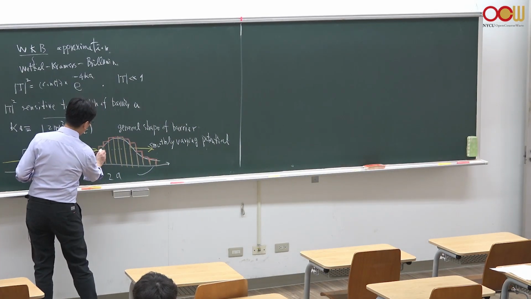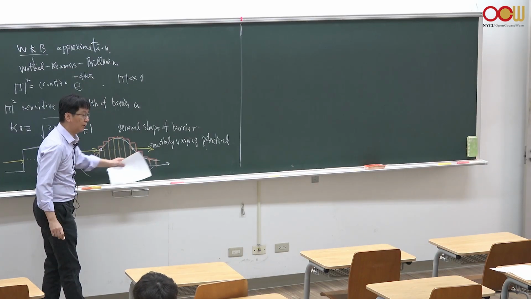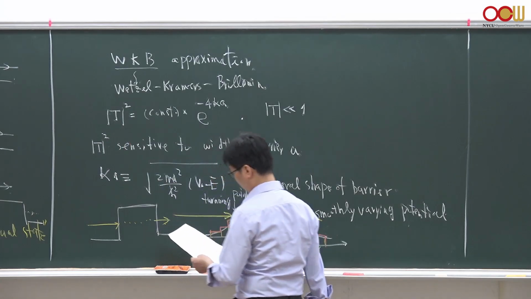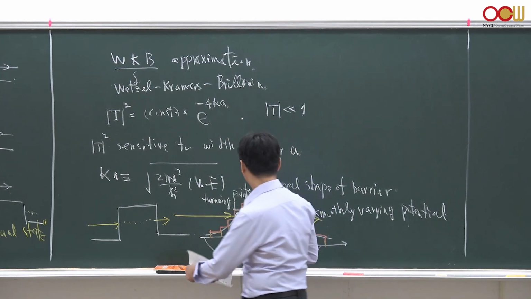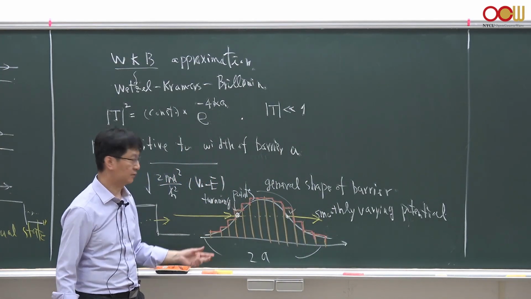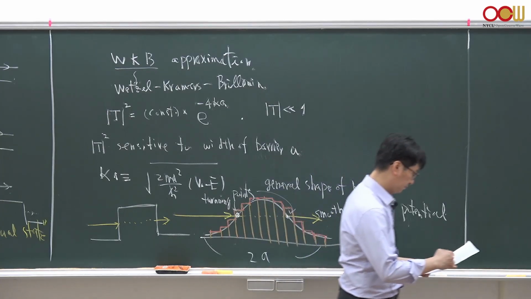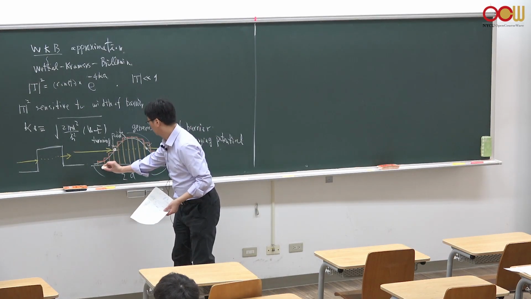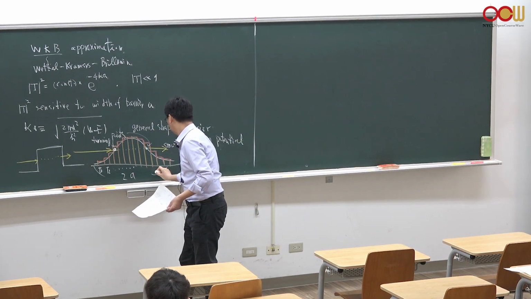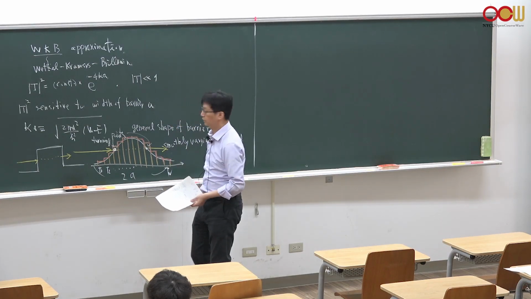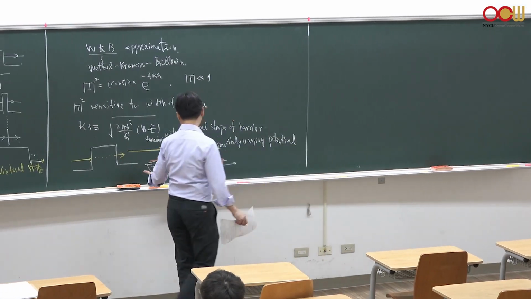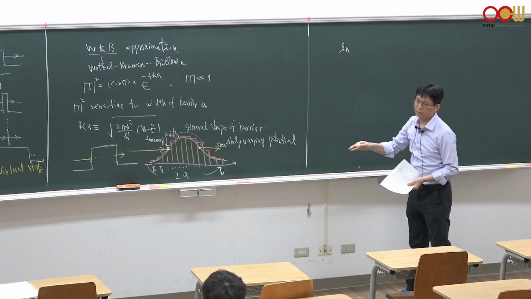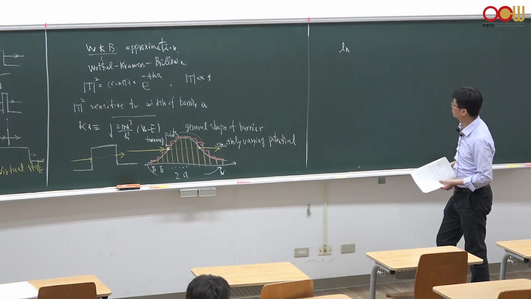You notice that the two points on the left and right side of the barrier are the classical turning points, where classically the particle, when it hits the turning point, will reflect back. For each little rectangle, we can attach a transmission coefficient, and the total transmission is given by the product of all those individual T_i's or T_n's.